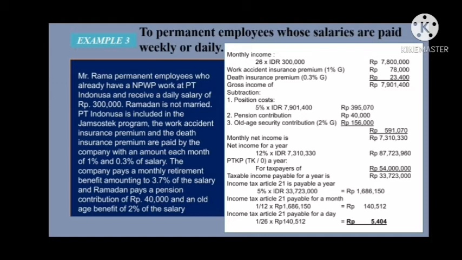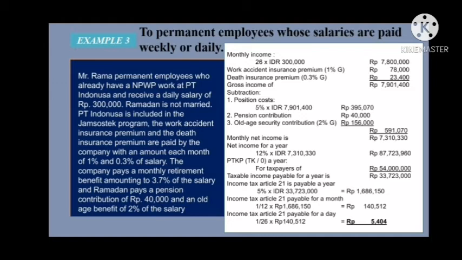Then the income tax article 21 payable a year is to multiply it with 5%, and it becomes 1,686,150. Then the income tax article 21 payable for a month is to divide it with 12 months, and it becomes 140,512.